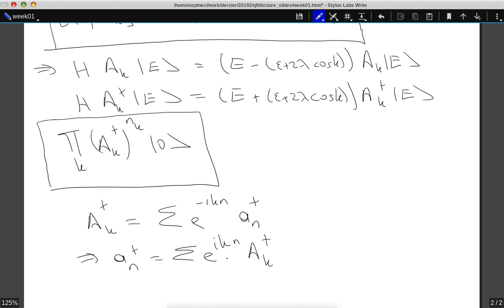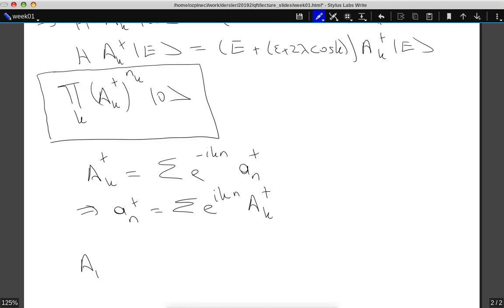So let's look at the state ak dagger 0. This is actually sum over e to the power minus ikn an dagger 0. And keep in mind what this is.